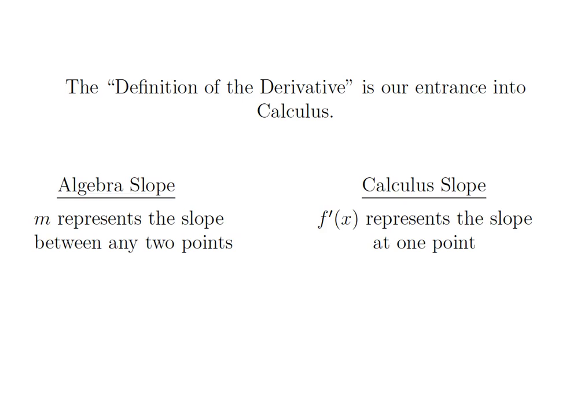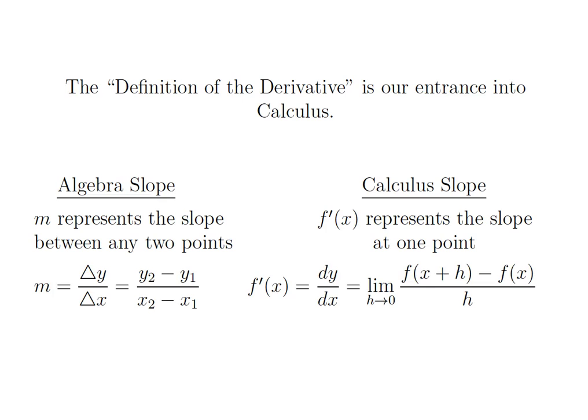So let's take a look at a comparison of what we know about algebra and calculus at this point in time. Our algebra slope, m, represents the slope between any 2 points. In calculus, our calculus slope, f prime of x, represents the slope at 1 point. m is equal to delta y over delta x, that is the change in y over the change in x, and that's equal to y2 minus y1 over x2 minus x1.